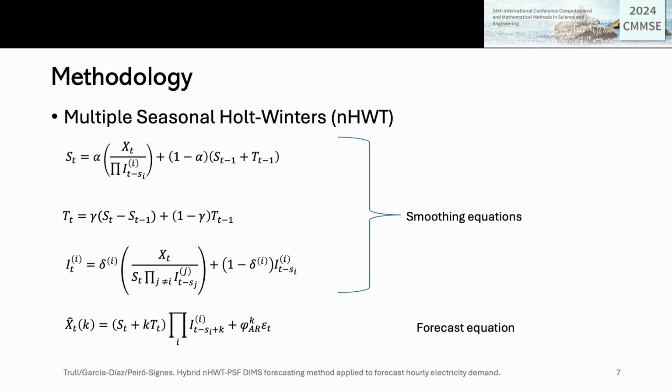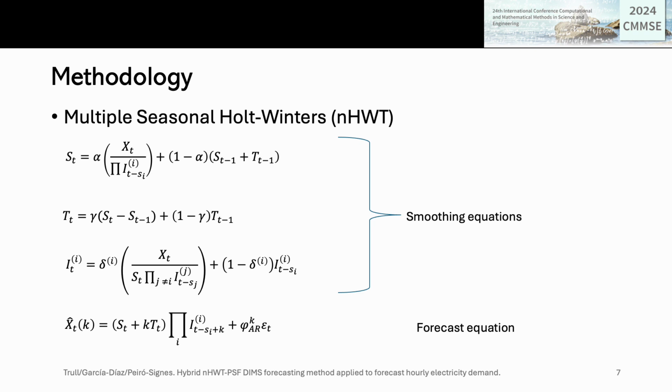There are the following smoothing equations. The first one is for the level, the second is for the trend, and the third is for the seasonalities. We remind you that there will be as many seasonal smoothing equations as seasonalities you consider.